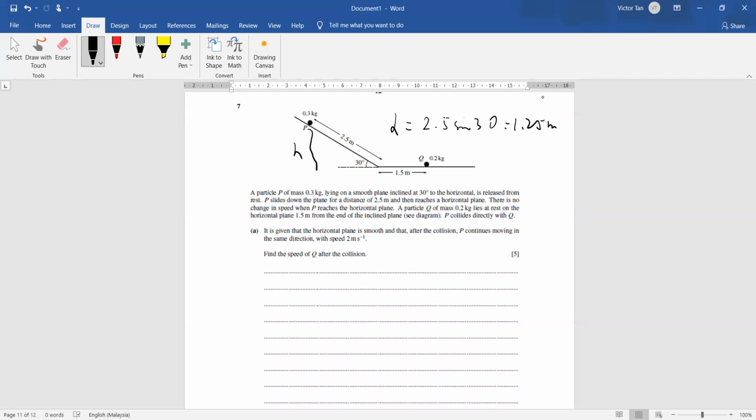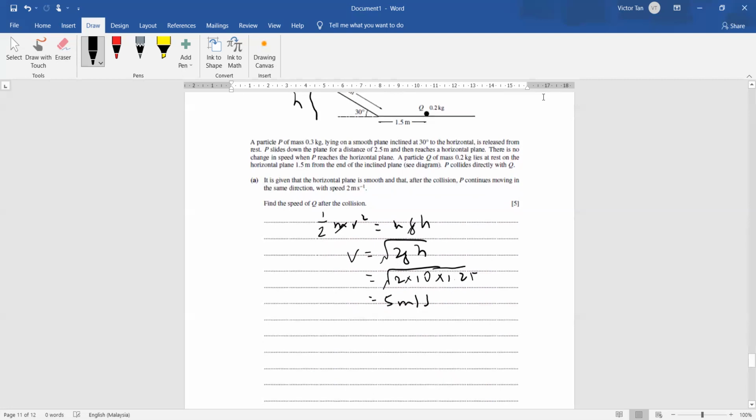Using gain in kinetic energy equals loss in potential energy, v squared equals 2gh, 2 times 10 times 1.25. So this will be 5. Before colliding with Q, the speed is 5.